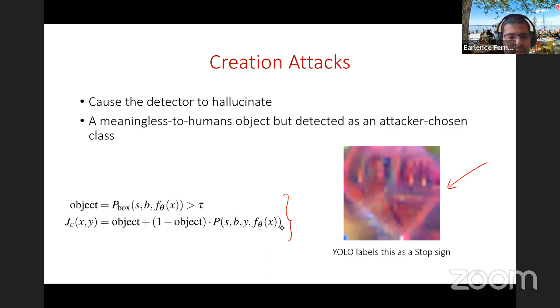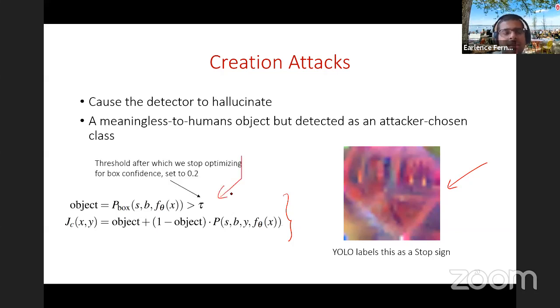loss function. Because of the way YOLO works, recall that there is an objectness score and then a classification score. We did an optimization that has two components. First, we want to get the model to recognize that there is an object in there, so I'm setting it to 0.2 or 20%.